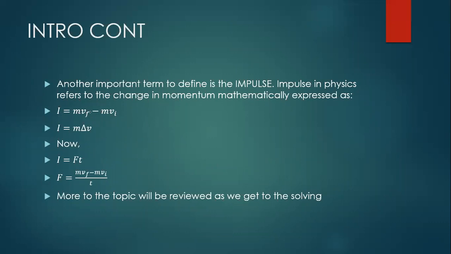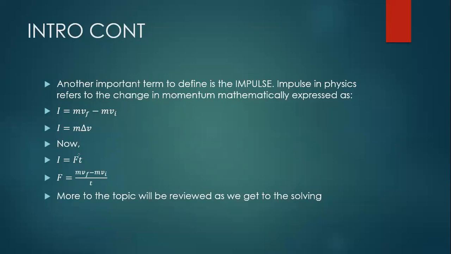If you change your momentum, meaning you have applied an external force. If there's no external force applied, the momentum will be conserved. So if we change the velocity of a mass, that change in velocity multiplied by the mass will give us the impulse.